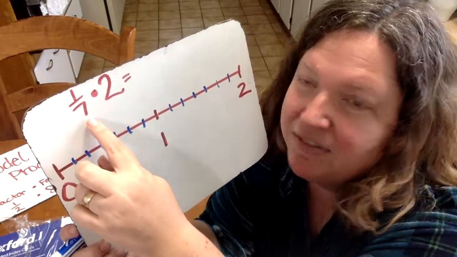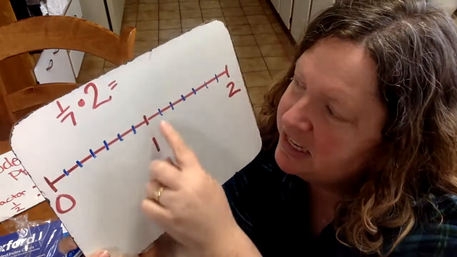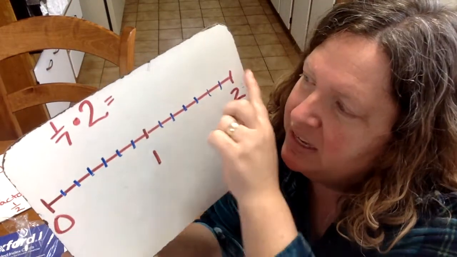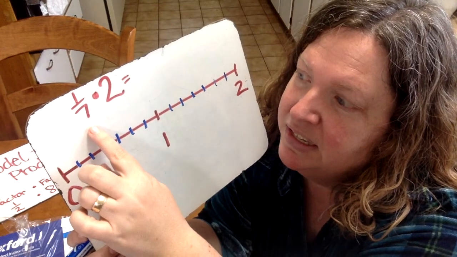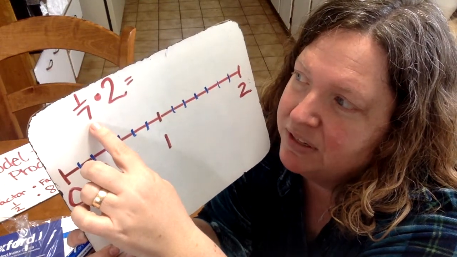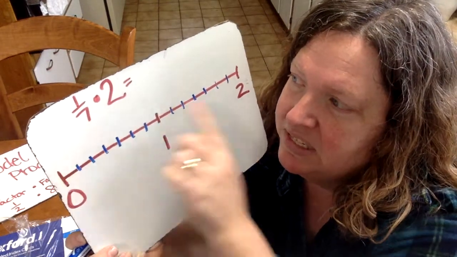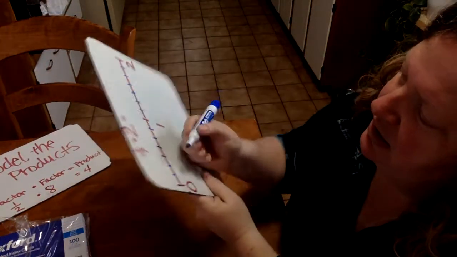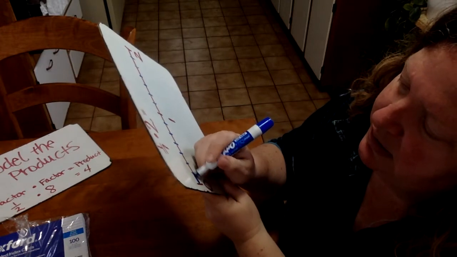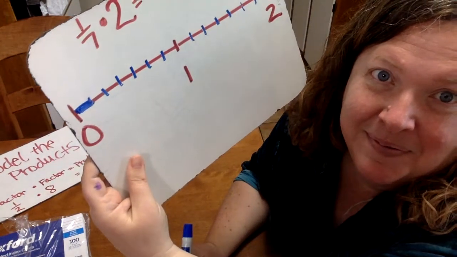I've done sevenths. I've cut each of these 2 into sevenths. Now, this says that I have 1/7 of one and 1/7 of the other. 1/7 of a group of 2. So there's 1/7 right there.